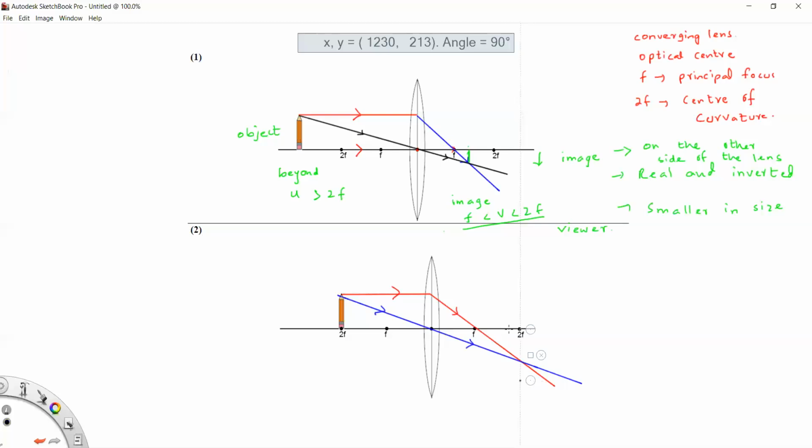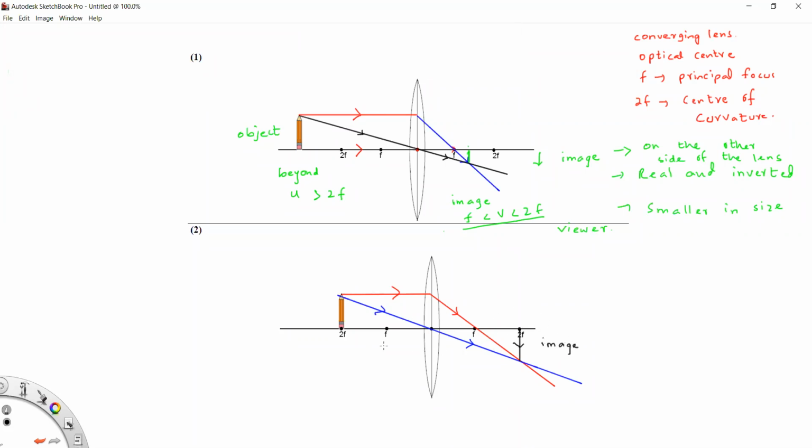So this would be the image. If you are drawing this on graph paper and using proper tools, a perfect ruler and a perfect pencil, your diagrams would be far better than what I am doing right now. This is the image.